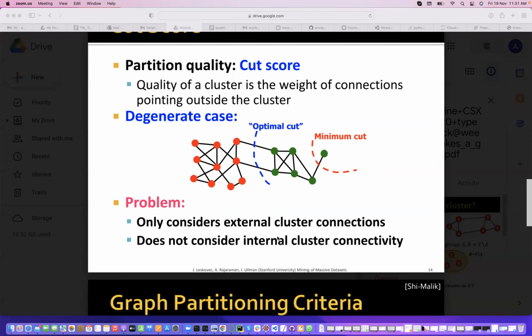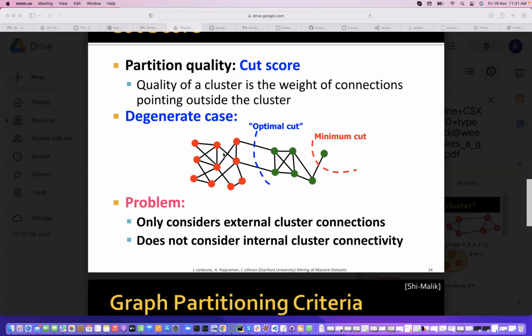It only considers external cluster connections, and does not consider internal cluster connectivity. So the problem with cut score is that we are computing it based on just external connections. But how well they are connected within the cluster, we are not looking at. So that is a big problem. How do we also bring in internal connections?